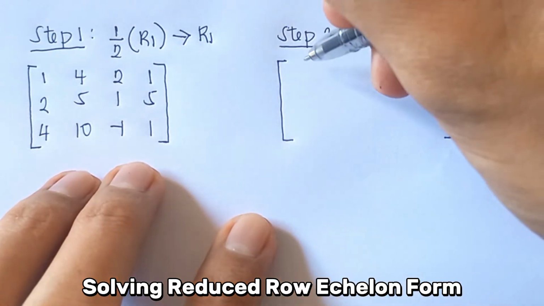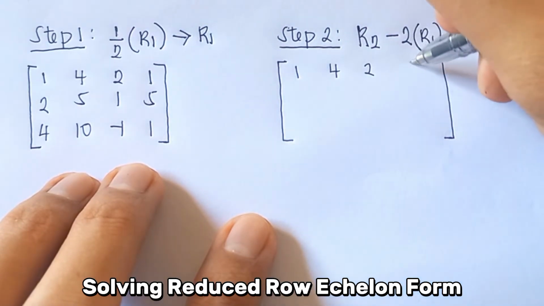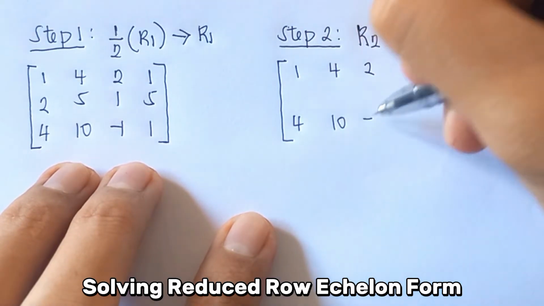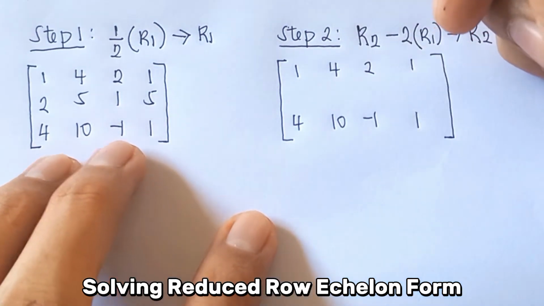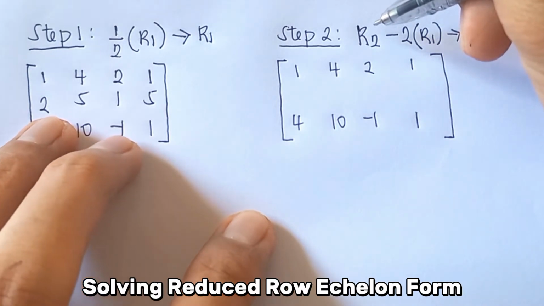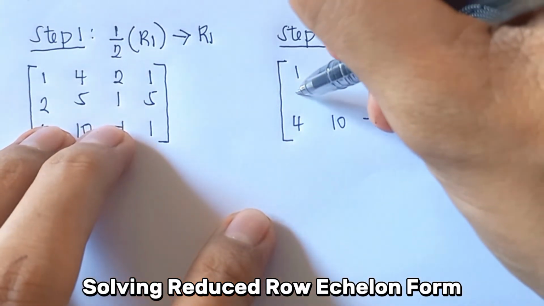This will give our new row 2. So we have 1, 4, 2, 1. Then we have 4, 10, negative 1, and 1. So row 2, which is 2 minus 2 times 1, which is 0.